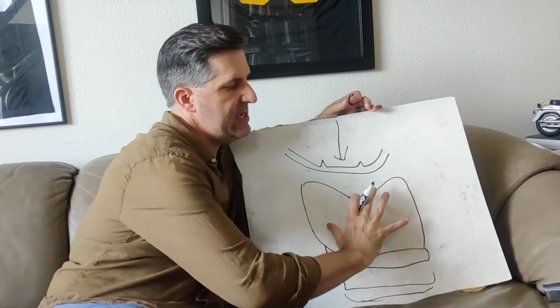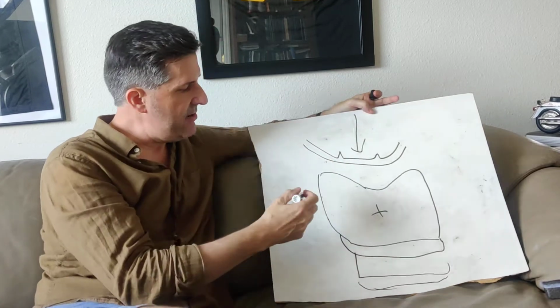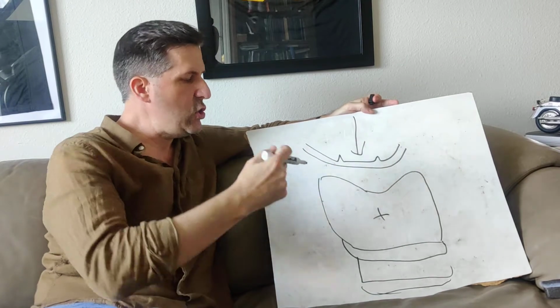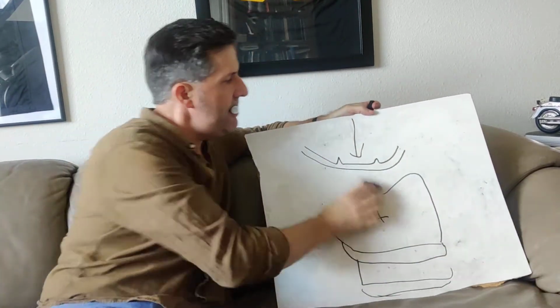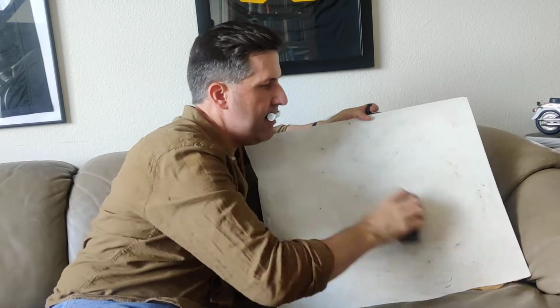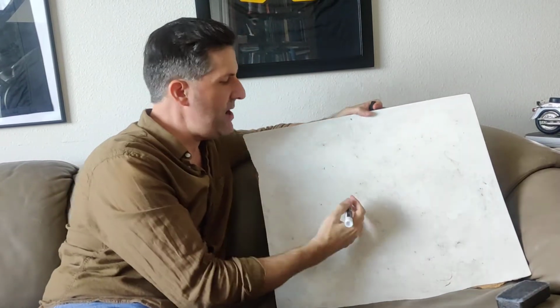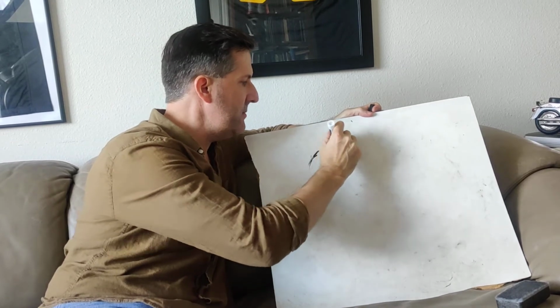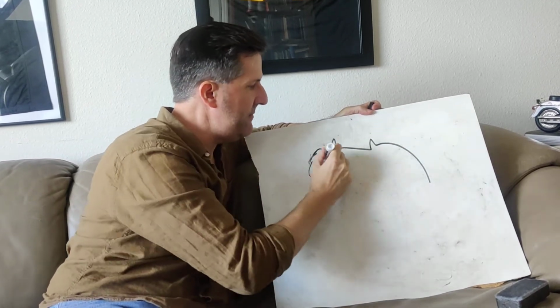Now if I take this and spin it around to the back side, okay? This cricoid cartilage actually comes up and makes this huge platform. So if I spin it around, this would now be the back of your hyoid bone here. Has the little horns, okay?